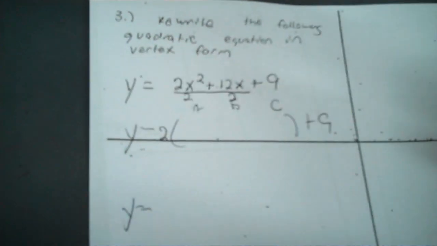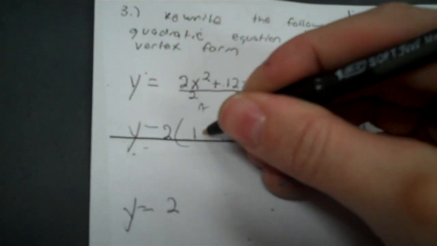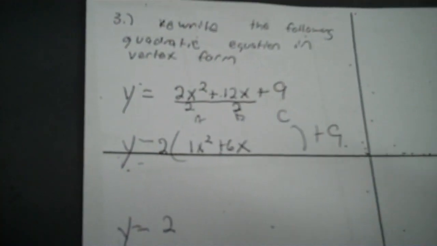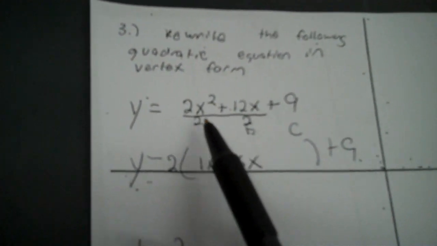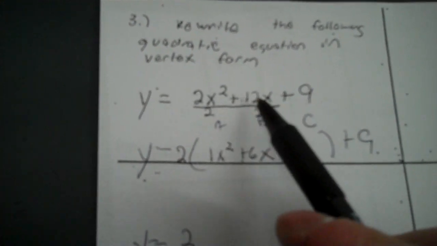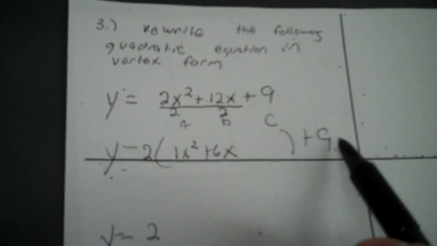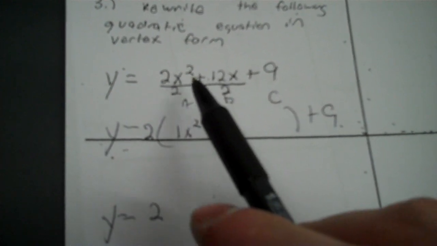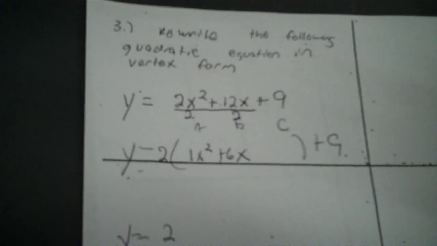So you kick 2 out, and then I get 1x to the second plus 6x. I can't repeat that enough, okay? You're dividing that by 2, but you also got to divide that by 2 as well. Not the 9 because I kicked him out, but just these first two. Don't just make that a 1 and leave that at 12. That isn't going to fly.